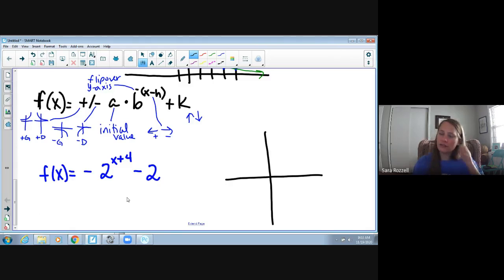Let's write down all of the things that are going to happen. Our negative tells us it's going to flip over the x-axis. The x plus 4 in the top means it's shifting which way?